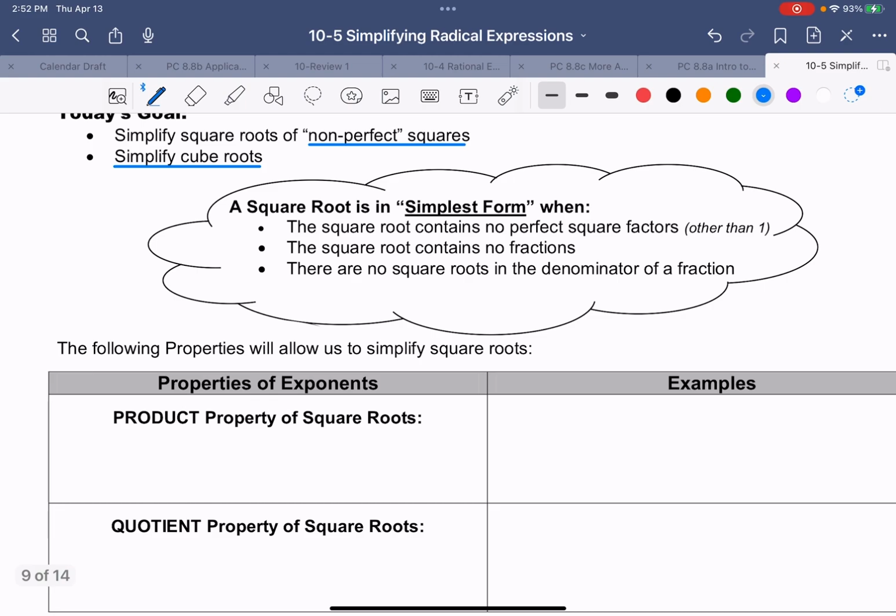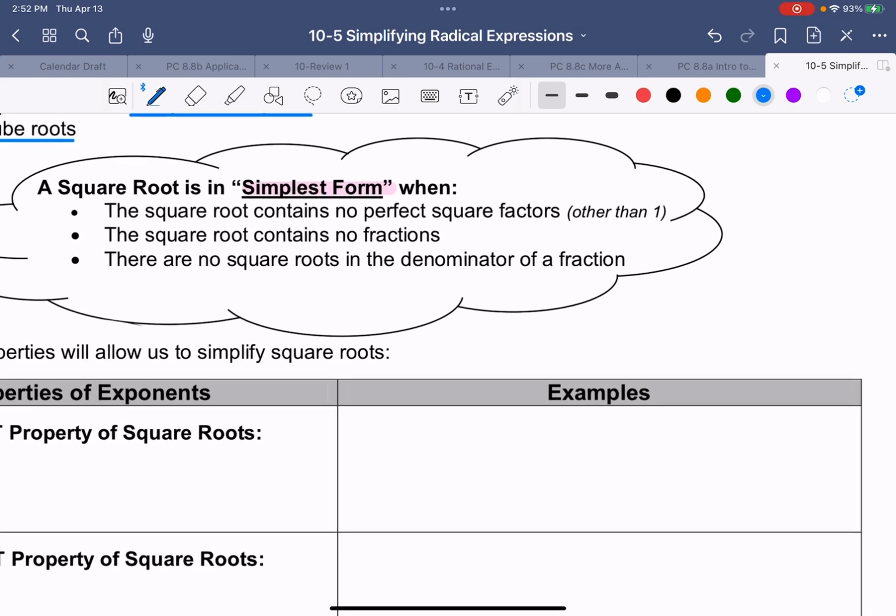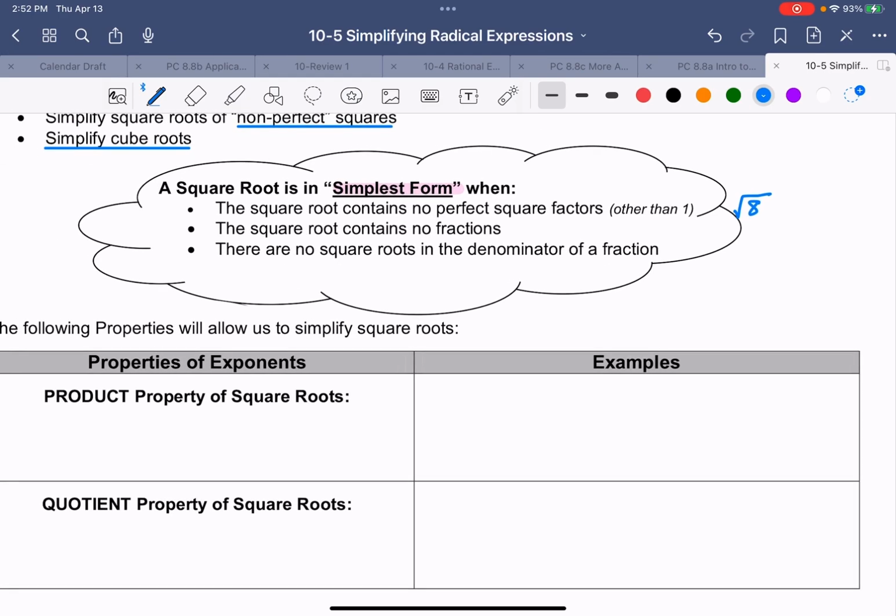A square root is in simplest form when the square root contains no perfect square factors other than 1. I briefly showed this yesterday in class, but square root of 8 is not considered simplified because we can break that down into prime factorization and pull out a perfect square. We're going to see why that's not considered simplified.